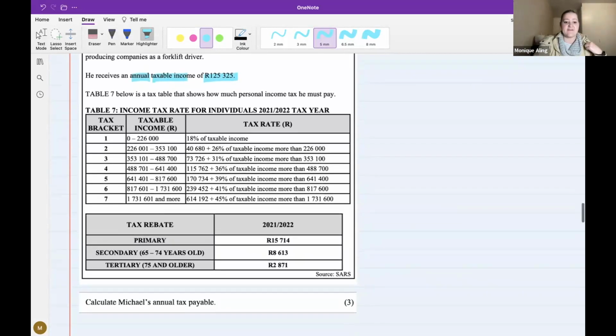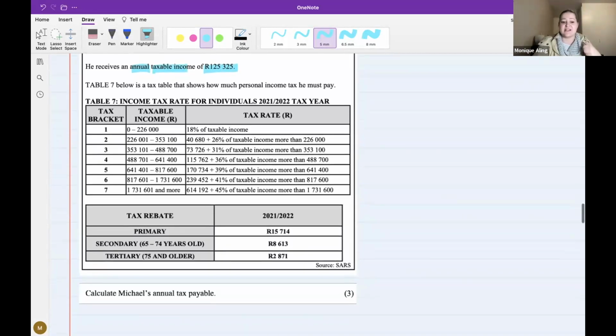Okay, and then they give us income tax table as well as the rebate table. And the question at the bottom asks, calculate Michael's annual tax payable. Calculate Michael's annual tax payable.